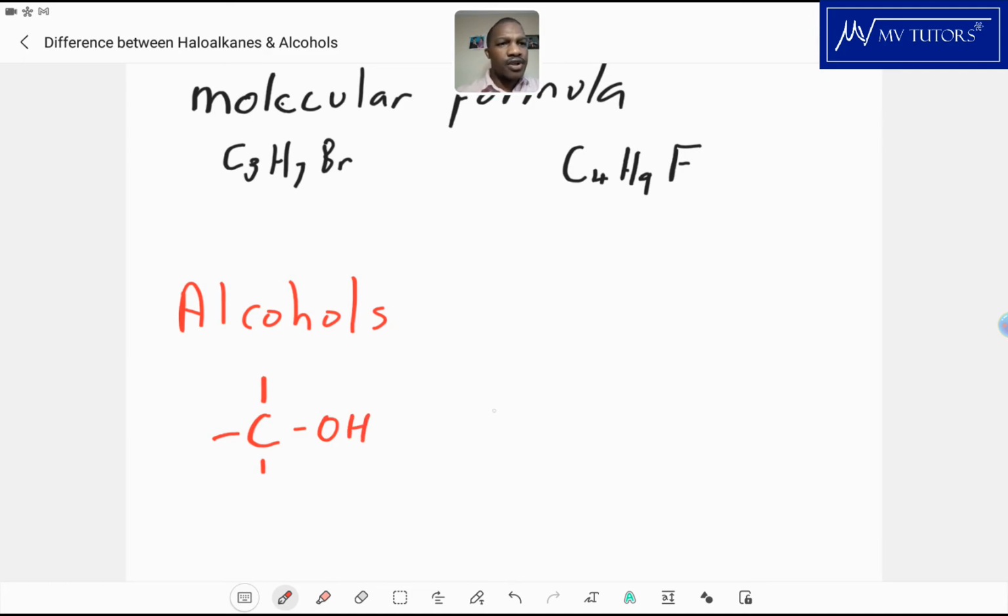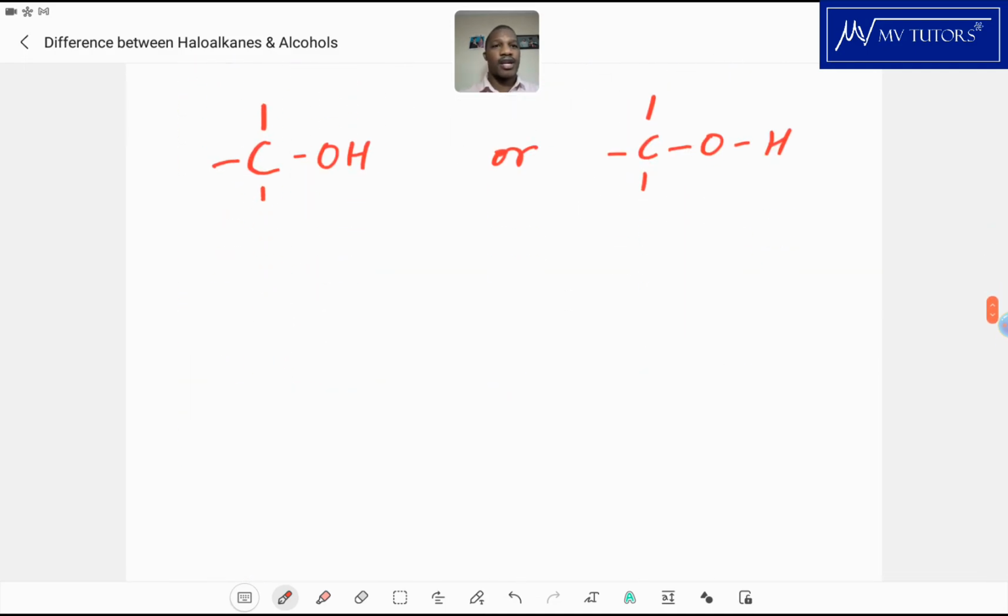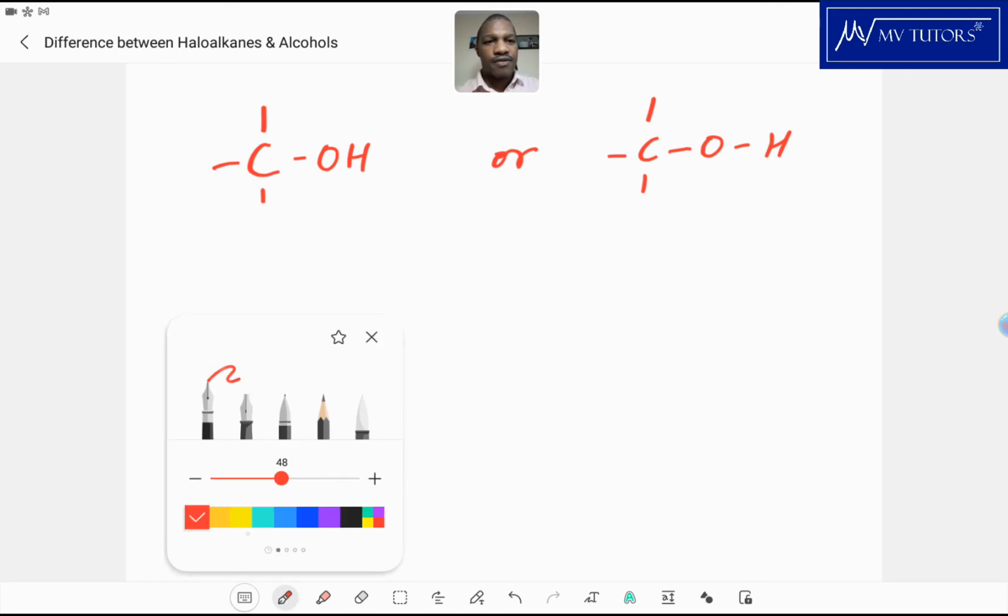It can also be written like this: C, and then you have O, and then H. Okay, that's it.